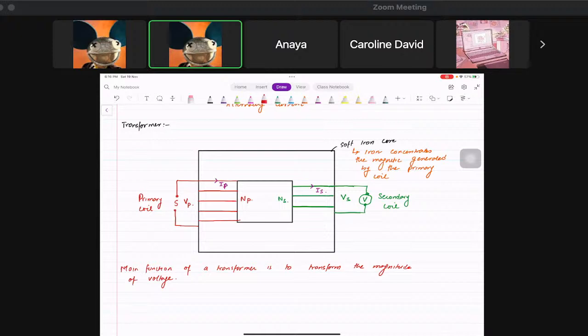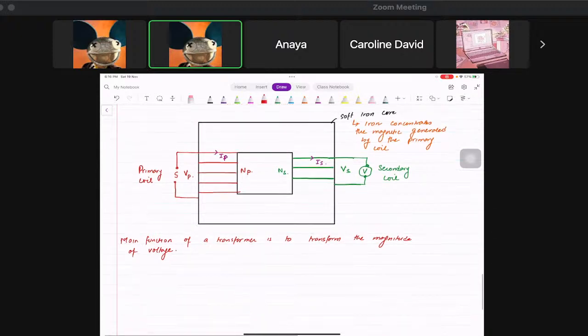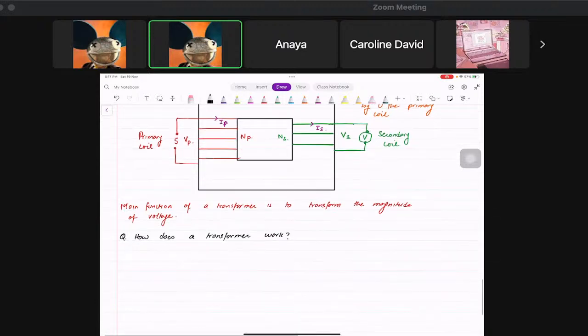Now, how does it work? So the question is, how does a transformer work? So what happens is, now please write the points because it can come as a long question as well.